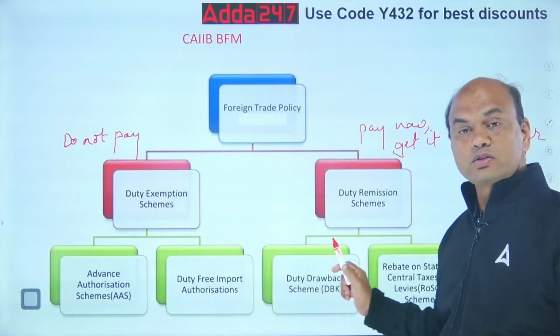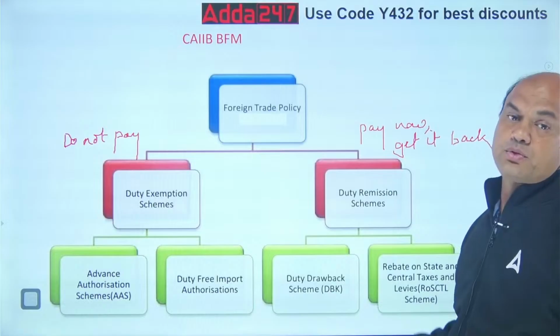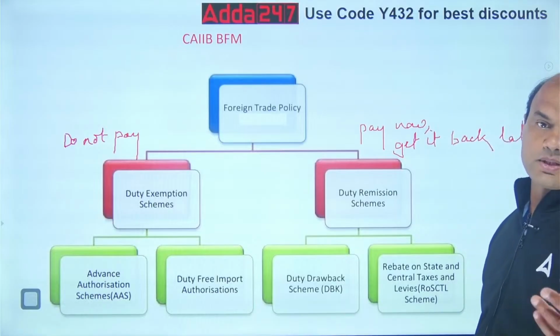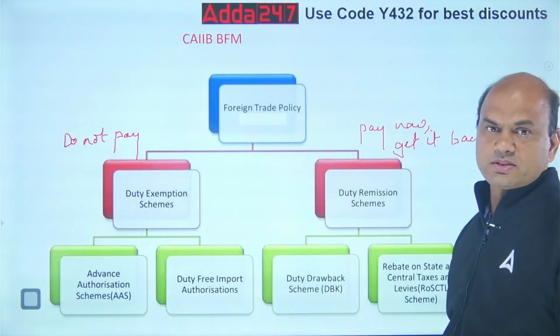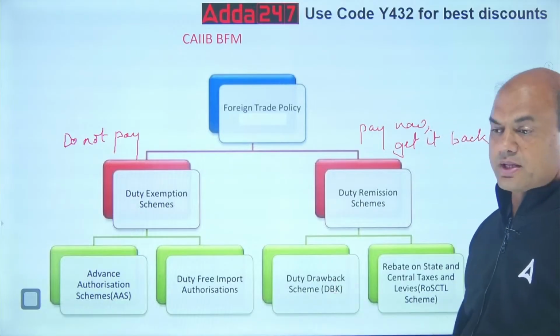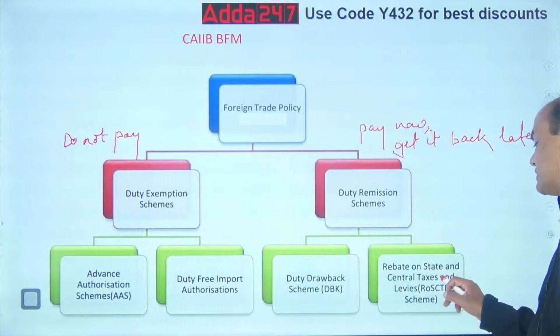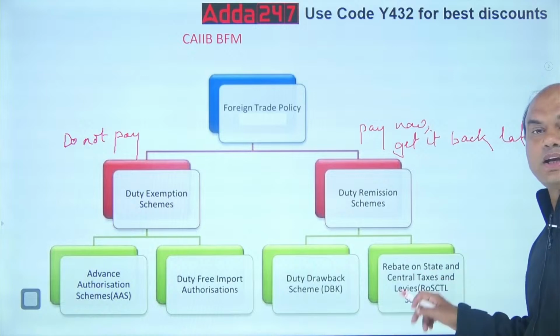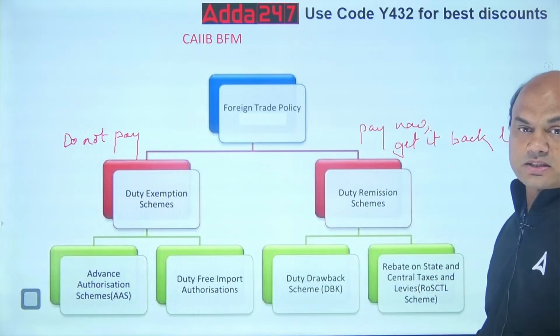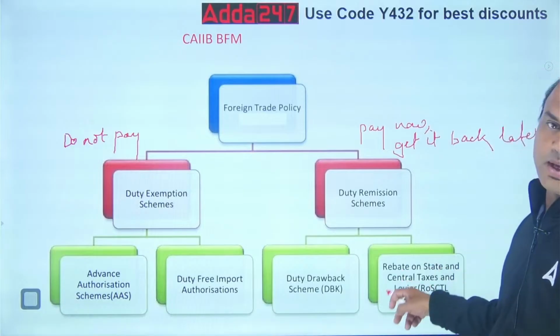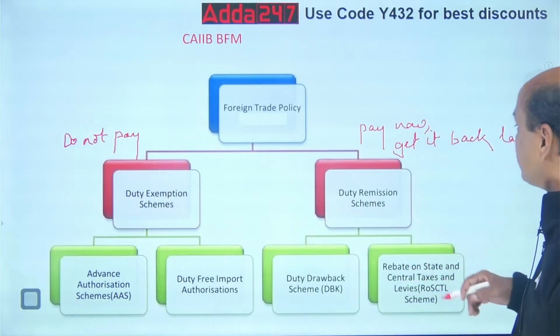On this, the bank also finances, because duty drawback requires around 3-4 months, sometimes 6 months also. So up to that time, the bank will finance duty drawback. This is post shipment finance. Rebate on state and central taxes and levies: whatever state taxes, other taxes or charges are there, those are reverted back, but that is done later.